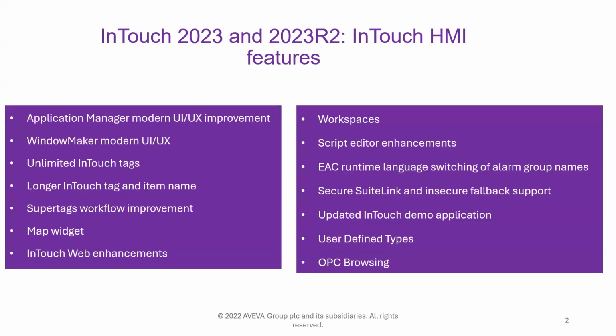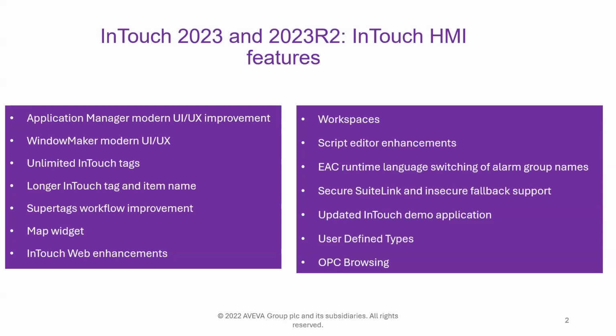There are also two major features that came out in the 2023 R2: the user-defined types, UDTs. Instead of super tags, which we used to have in the past and which I think are not available anymore in the newer versions, there are now user-defined types, the UDTs.